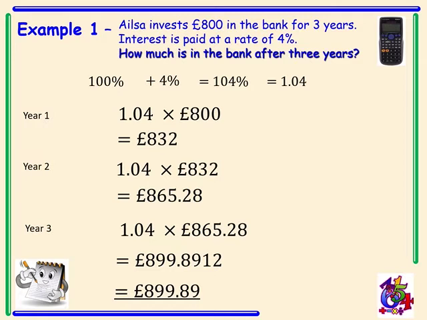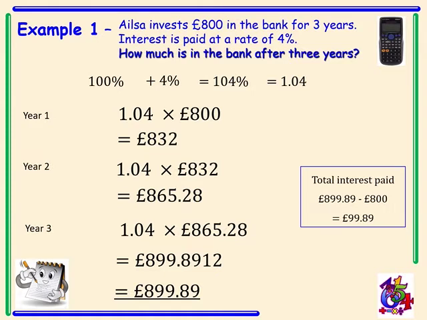Now this is a little bit of working. However, we can shorten this to just one calculation instead of 3. If, however, we wanted to work out the interest paid to Ailsa, we can see that she got in total £99.89 interest. So that's how much she gained from leaving her money in the bank.